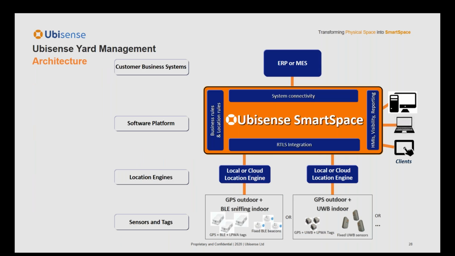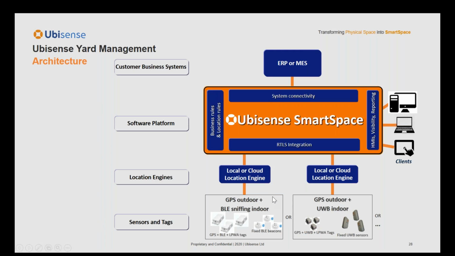I'm going to talk a little bit about the architecture. What you can see here on the bottom is the location system layer. There are many options, as I was saying, depending on your specific needs. I presented two here.